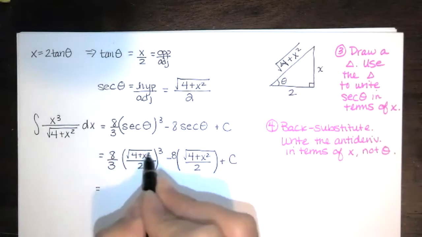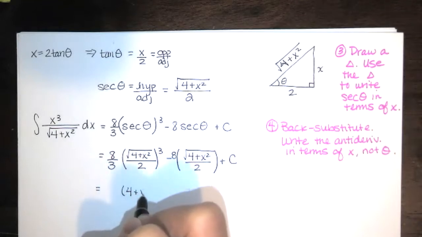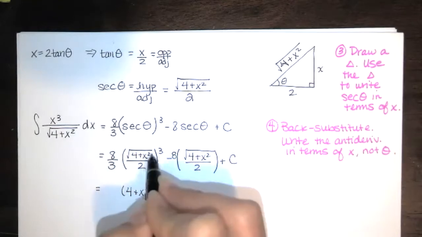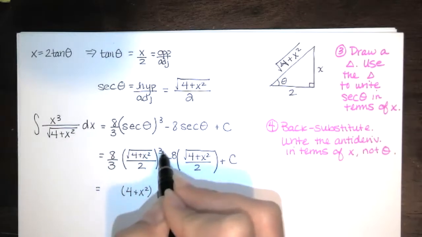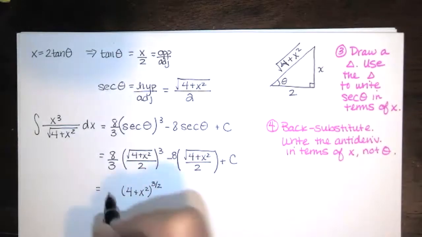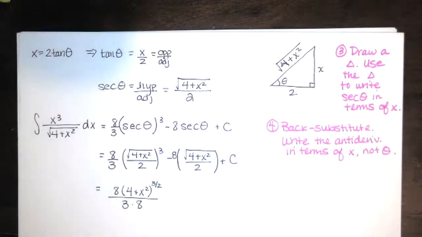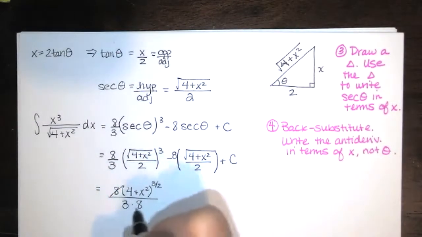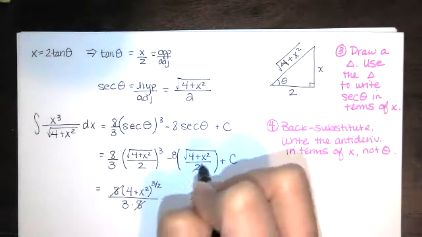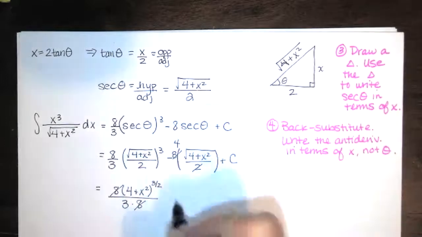So this is 4 plus x squared to the 1/2 power. We're cubing it. So if I have something to the 1/2 and I raise it to the 3rd power, you multiply the exponents. It's going to make that a 3/2 power. And then you cube the 2 as well. That's going to give me an 8 down there. So the 8's reduce, and 2 goes into 8 4 times.